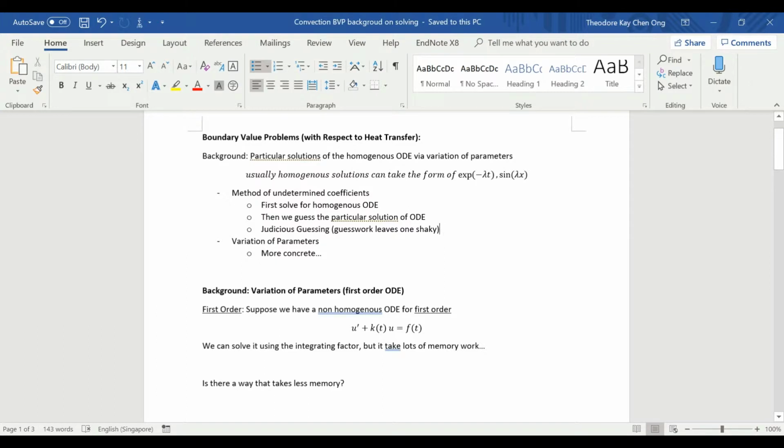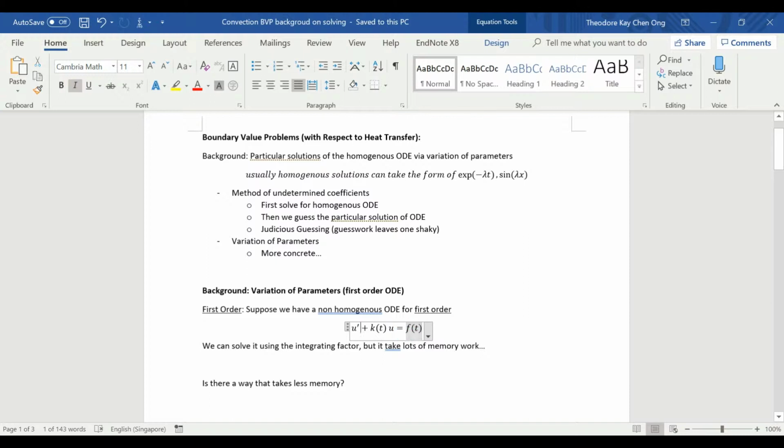Alright, so suppose we have this first order ODE, which is more simple, and we have a function here, u prime plus k(t), which is just a function of t, multiplied into u, and this is the homogeneous part which I'm highlighting, and this equals some function f(t).